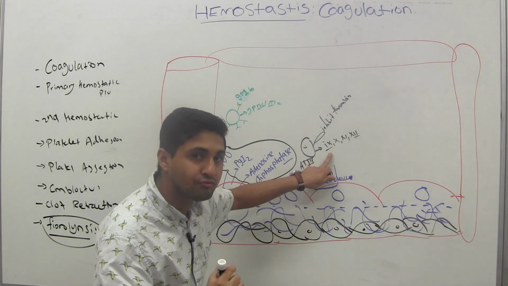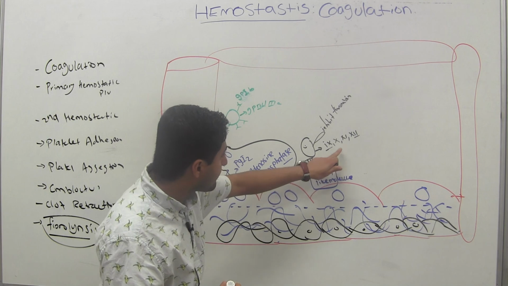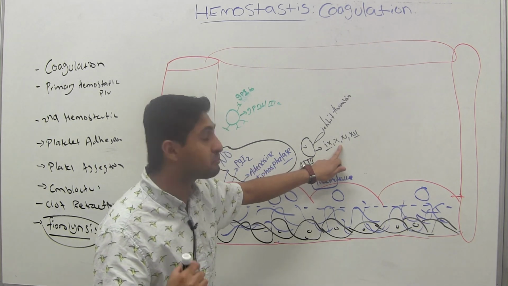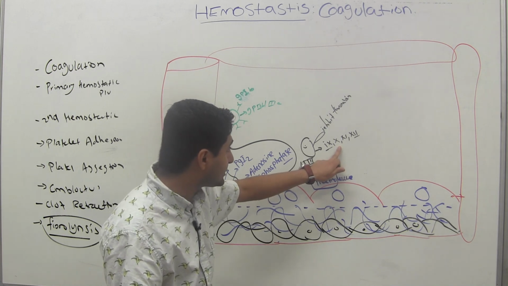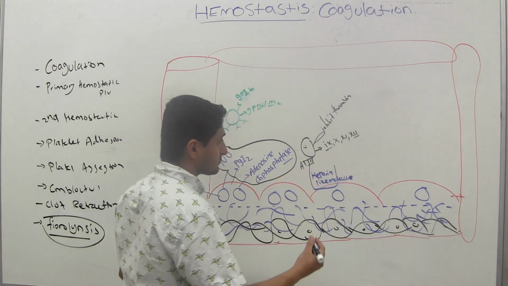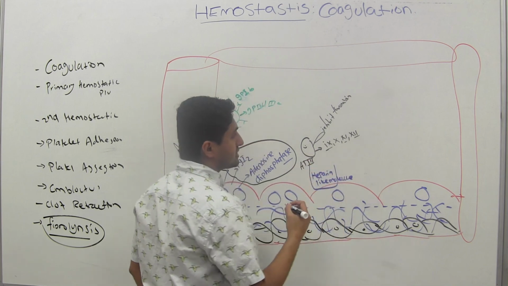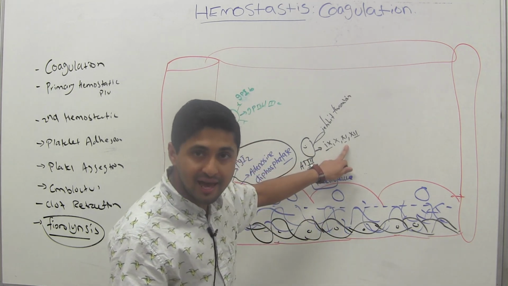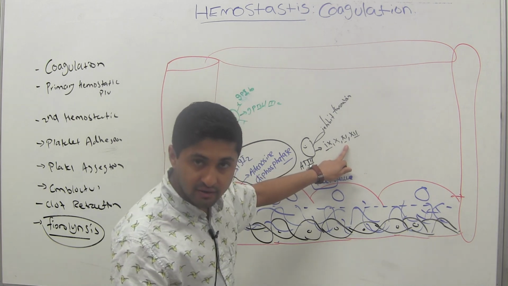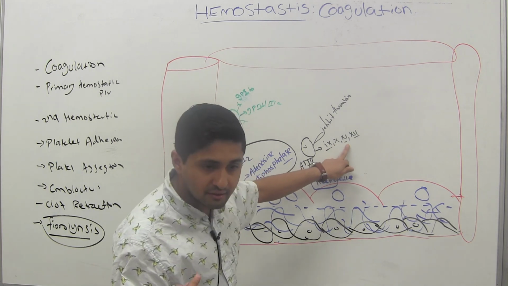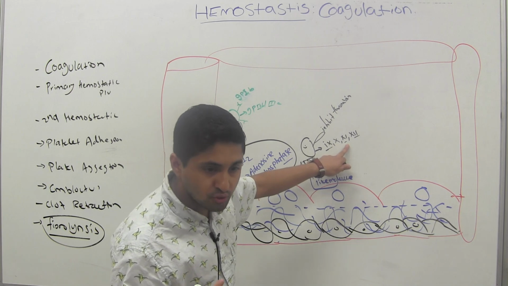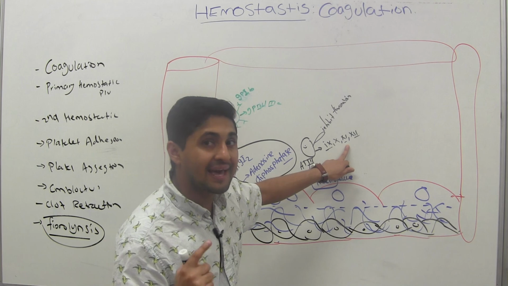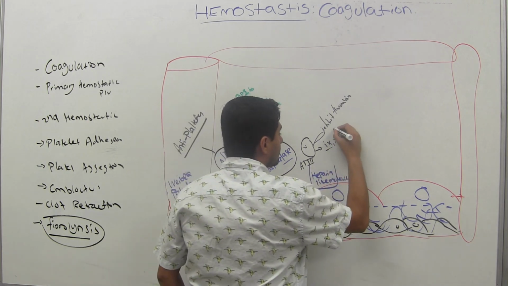or there's another name given for that: anti-hemophilic B. And then factor number 10 is called the Stuart-Prower factor. And then 11, we often call anti-hemophilic C, and another name given for that is plasma thromboplastin antecedent, PTA.